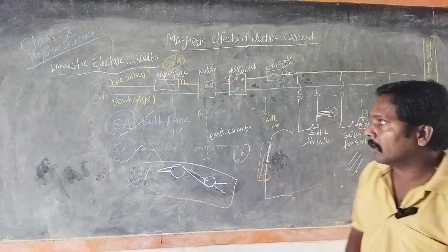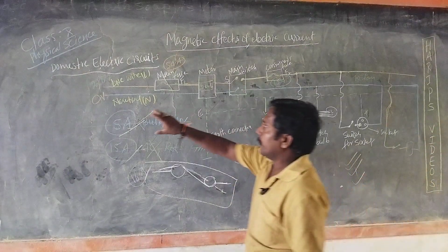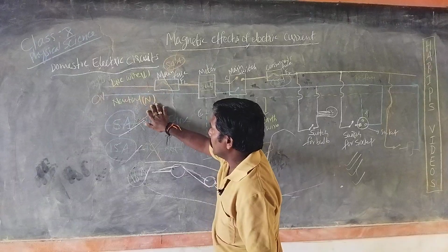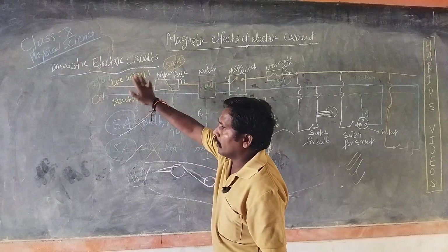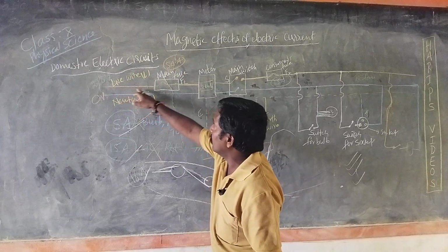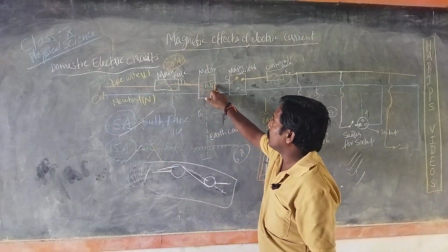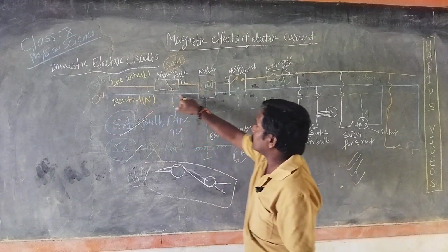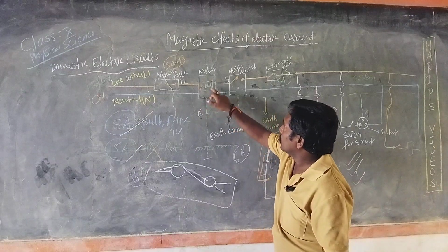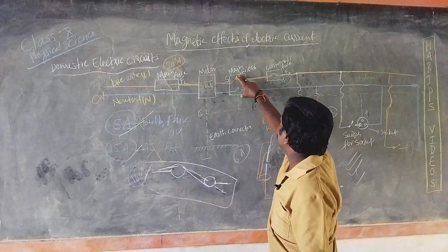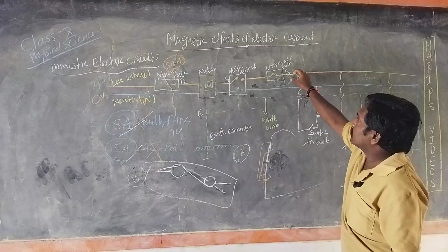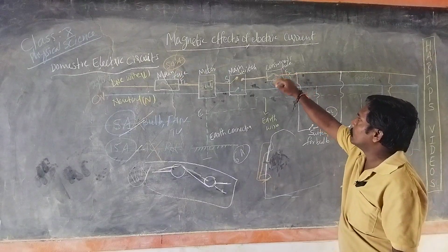This is about how we give electrical wiring in our home. There are two wires, live wire and neutral wire. The live wire carrying current with 220 volts is connected to the main fuse and then to the meter. The neutral wire is also connected to the meter. Then from the meter to the main switch and to the second fuse, the consumer's fuse.